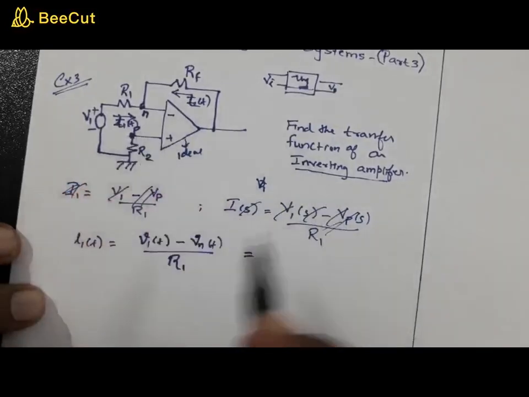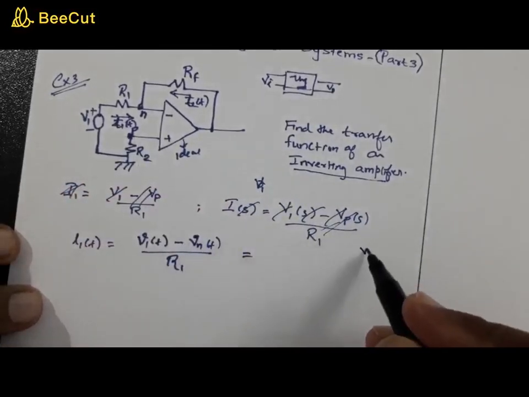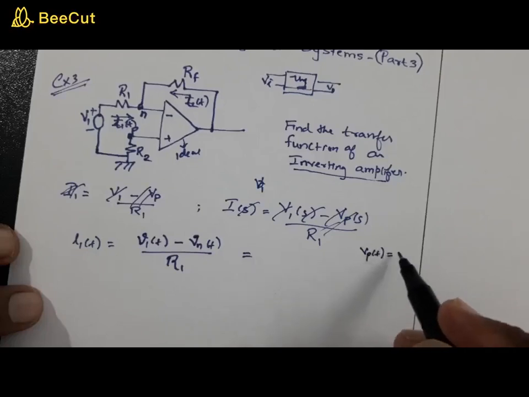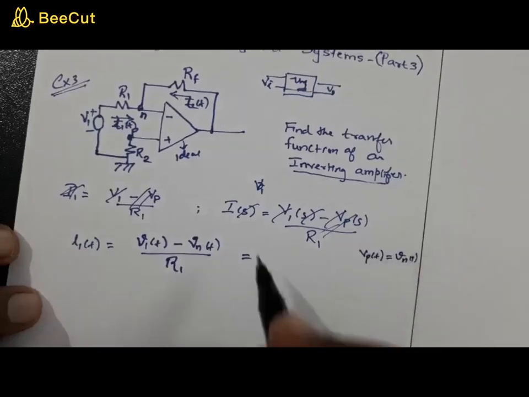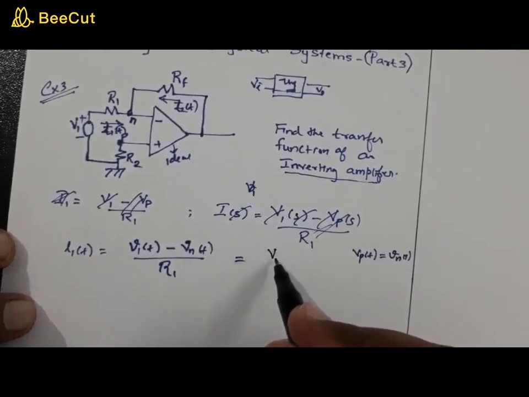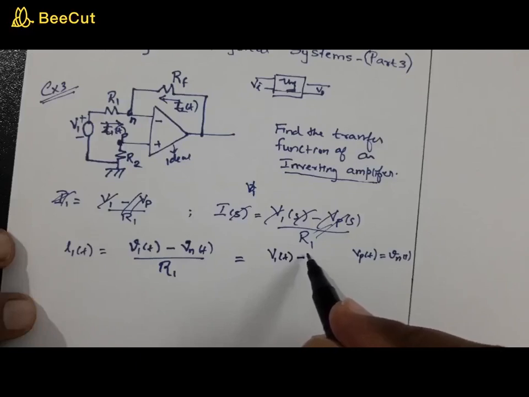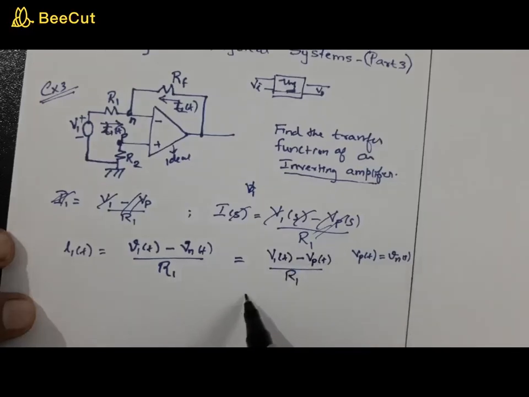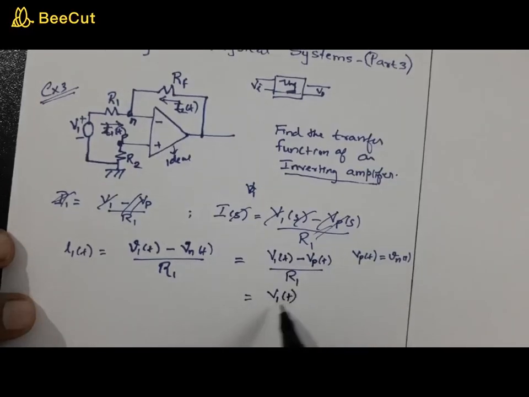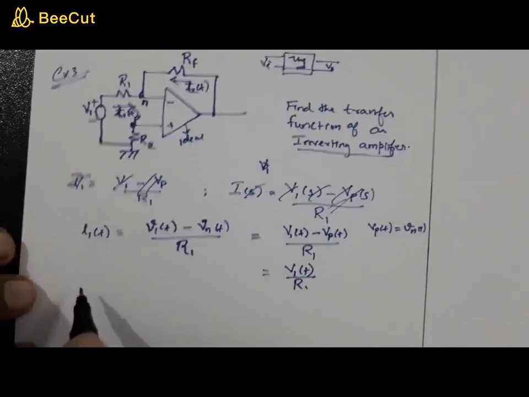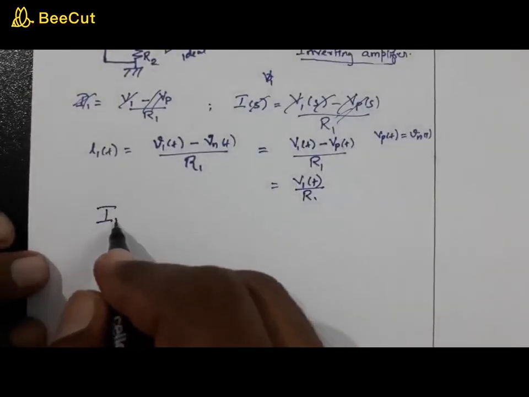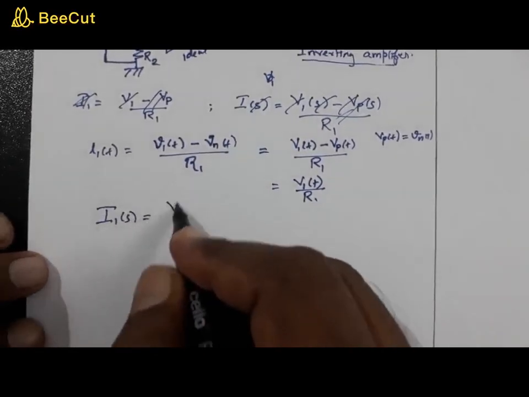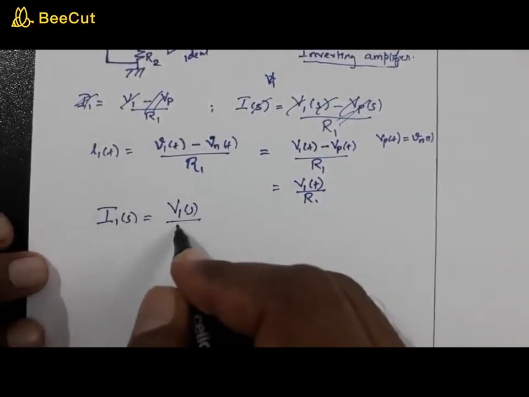Since Vp of t is equal to Vn of t, you can write this as V1 of t minus Vp of t divided by R1, and since Vp of t is 0, this is V1 of t by R1. So the transformed equation is I1 of s is equal to V1 of s by R1.